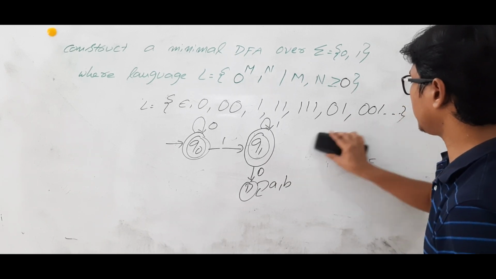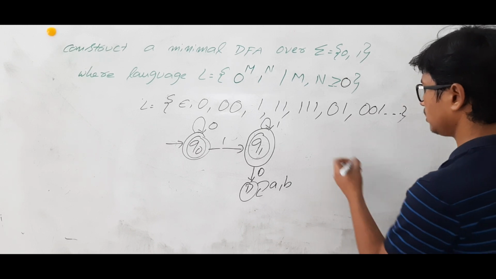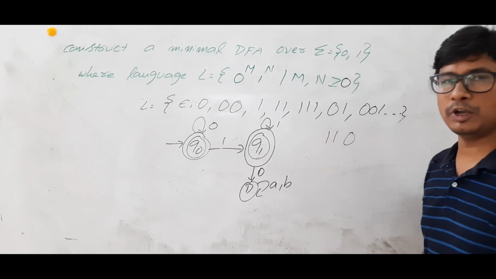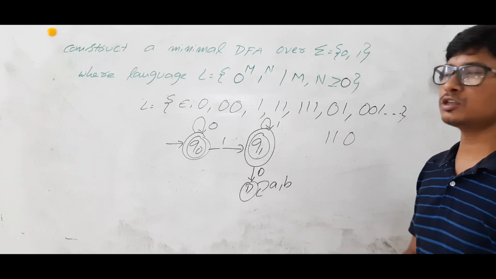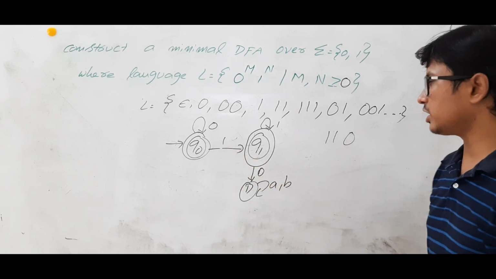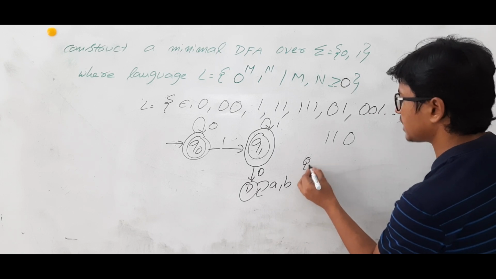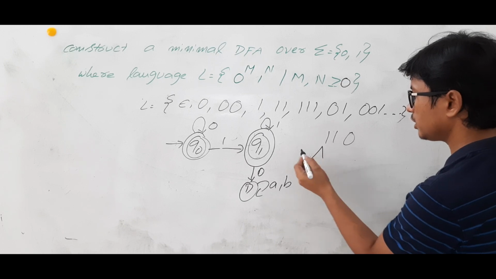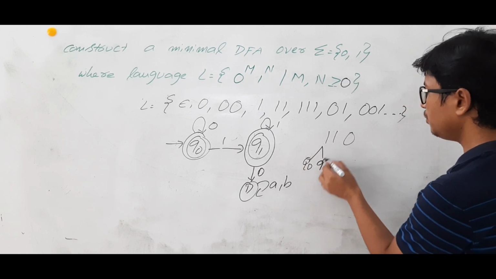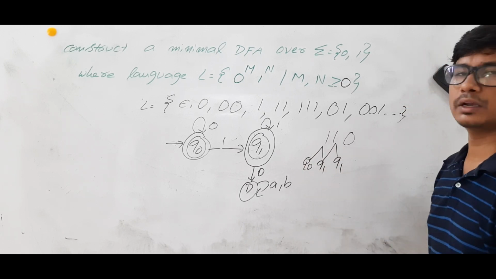Okay. Now we'll take another string, 110. Does it belong to language L? No, it does not belong to language L. If it does not belong to language L, my DFA should not accept it. Let me verify whether it is accepted or not. Q0 on 1, it is going to Q1. Q1 on 1, it is going to Q1.